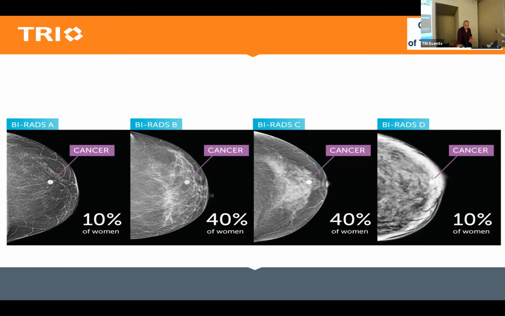If you have a white lesion on a black background, it's fairly easy to see, which means you can find that lady's cancer while it's quite small and she's going to do better. If you have a white cancer on a white background, as you can see with the examples on the screen here, it becomes a lot harder to see. So these women have a bit of a double whammy situation where they're more likely to get breast cancer and we're less likely to find it.